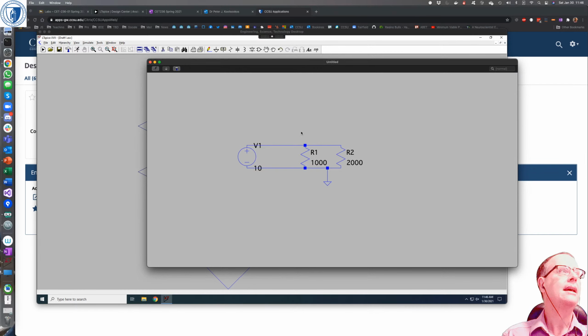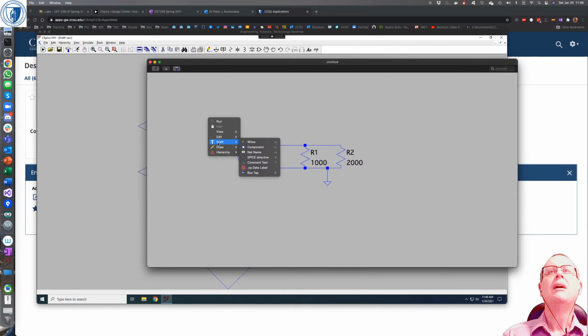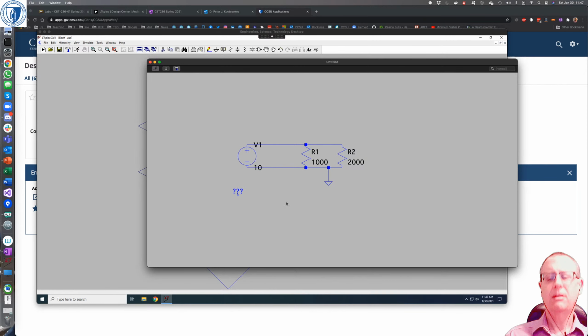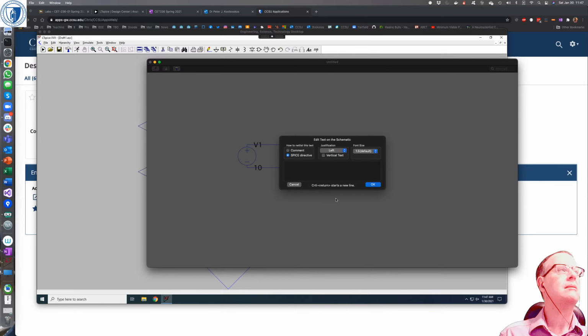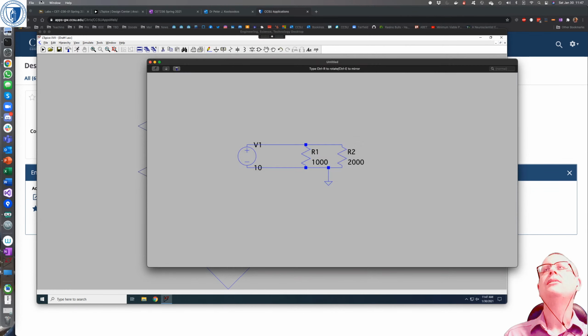The thing I have also forgotten is I need to write something. Oops. I need to write the SPICE directive, and I've forgotten what the right SPICE directive is. So let's just see if I can open up a recent one.